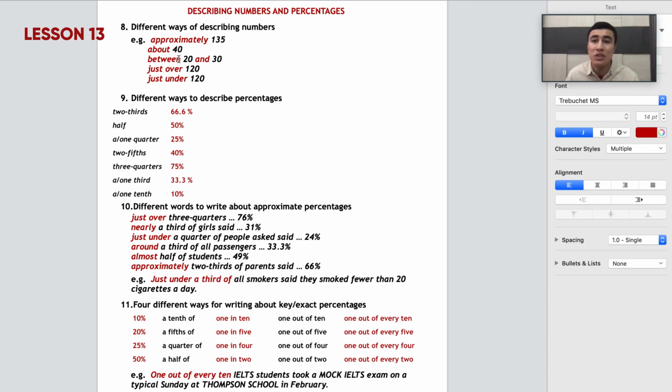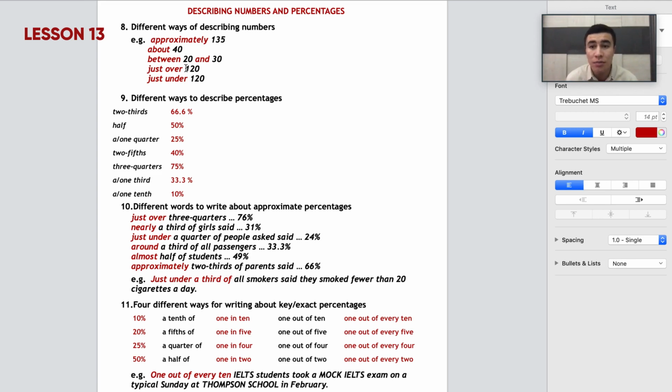And of course here between 20 and 30 means it can be any number between 20 and 30, 22, 29, 27. Just over, so something around 122, 123, so more than 120, but the difference is not big. Just under 120, so it can be 118, 117 in fact.